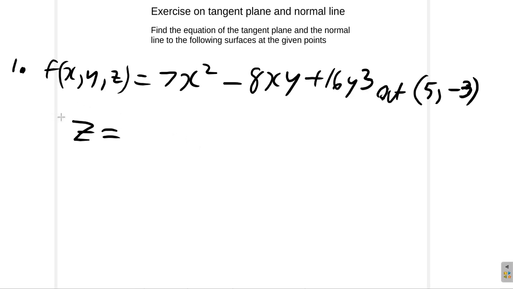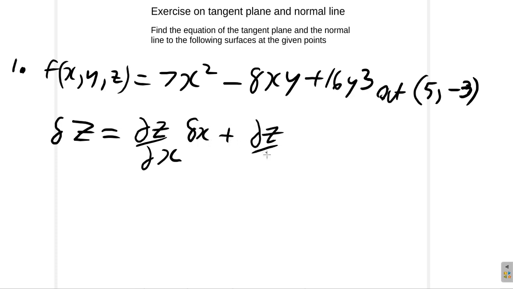When a small change in z is equal to the rate at which z changes as x changes, that's the partial derivative of z with respect to x times a small change in x, plus the partial derivative of z with respect to y times a small change in y, right?